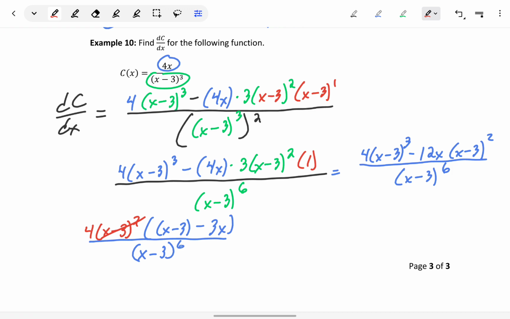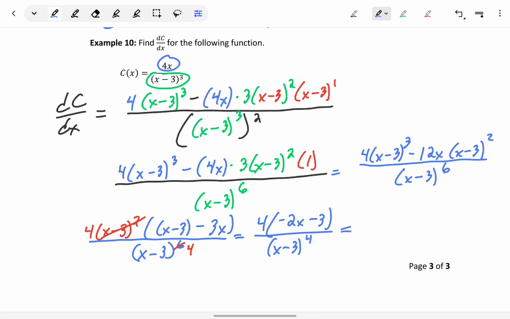X minus 3 squared will cancel with 2 of the x minus 3's in the denominator. Leaving us with 4. And then inside those parentheses, we'll end up with x minus 3 minus 3x. Combining like terms will give us minus 2x minus 3 all over x minus 3 to the fourth.